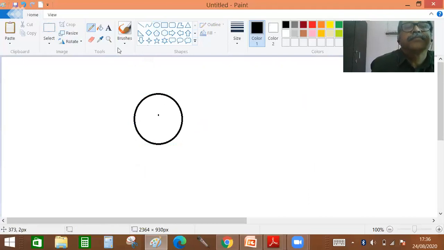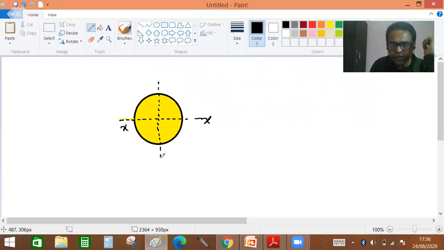So this circle, here it is the circle. Now if you take its x axis, suppose this is the x axis. Here it is the y axis of that circle.